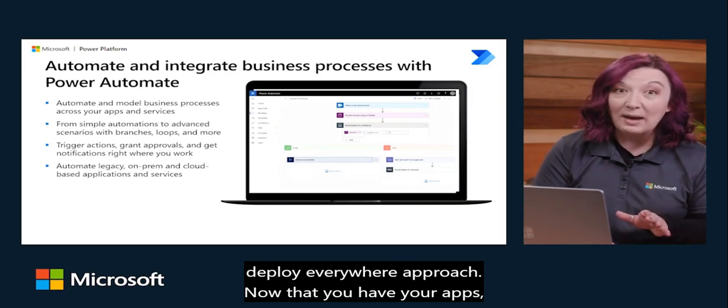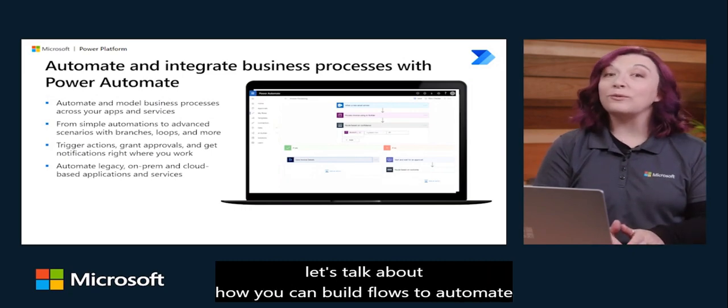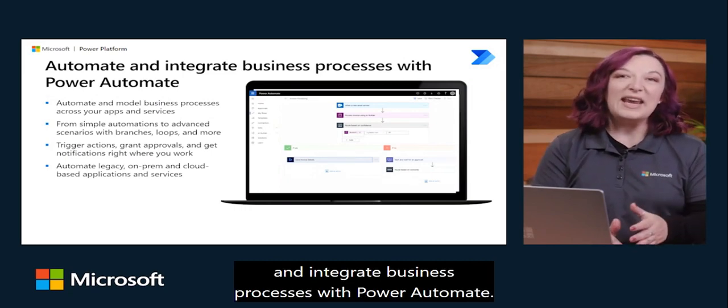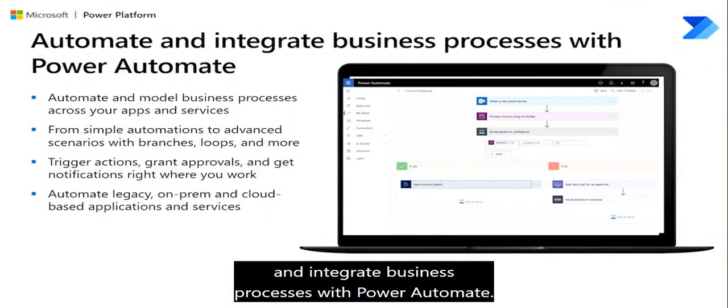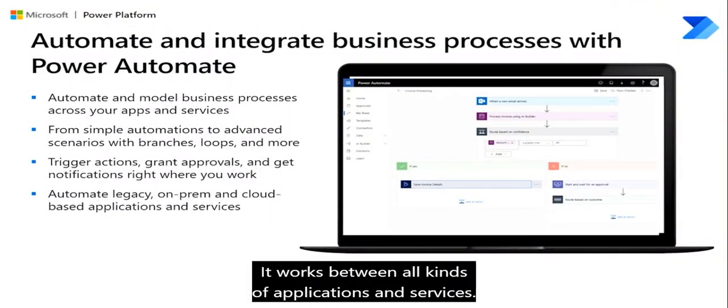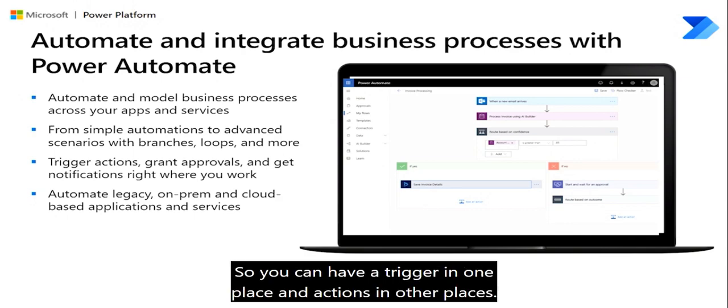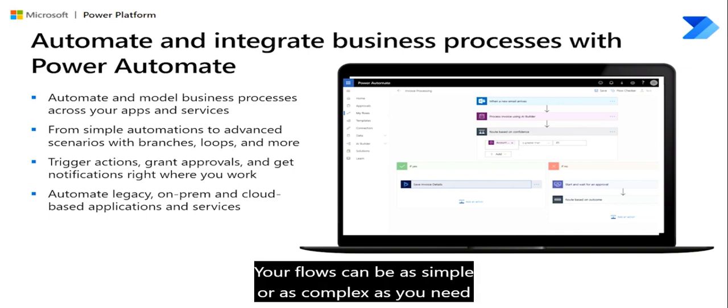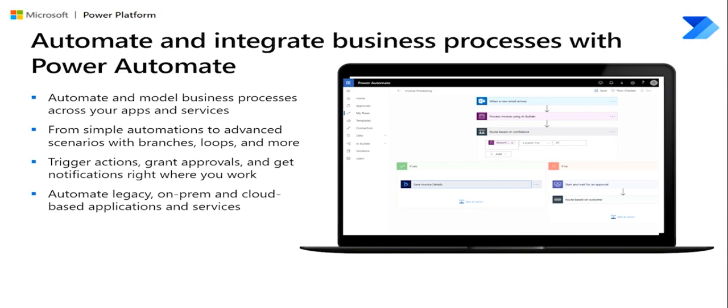Now that you have your apps, let's talk about how you can build flows to automate and integrate business processes with Power Automate. It works between all kinds of applications and services. So you can have a trigger in one place and actions in other places. Your flows can be as simple or as complex as you need, with different options like branches and loops.